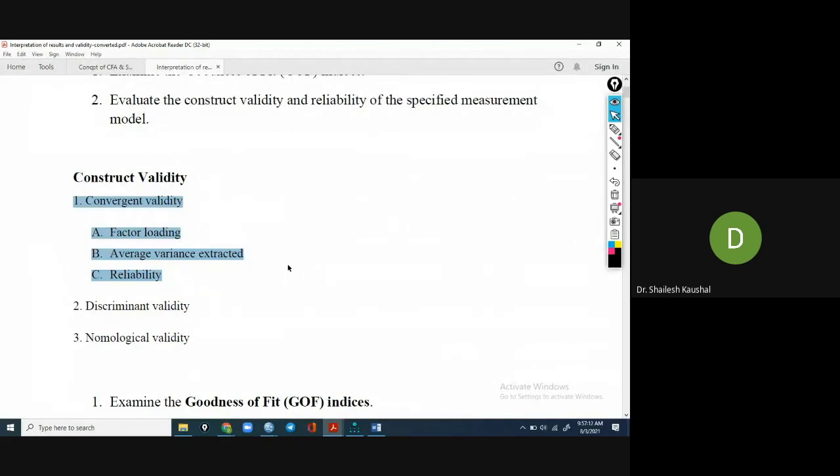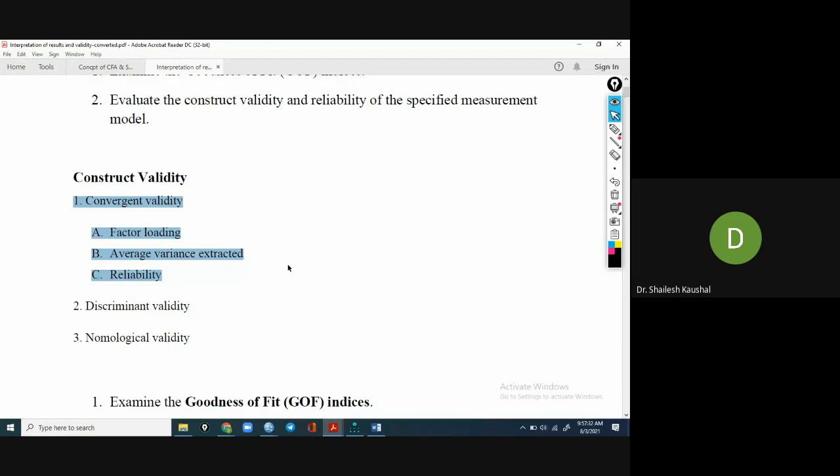Validity means whether the questions we are taking to measure the particular phenomena sufficiently measure the particular concept or not. For example, I want to measure the tangibility of the service organization.